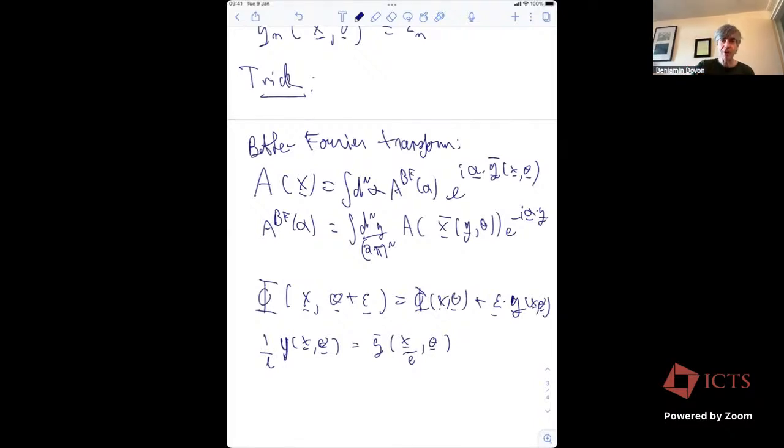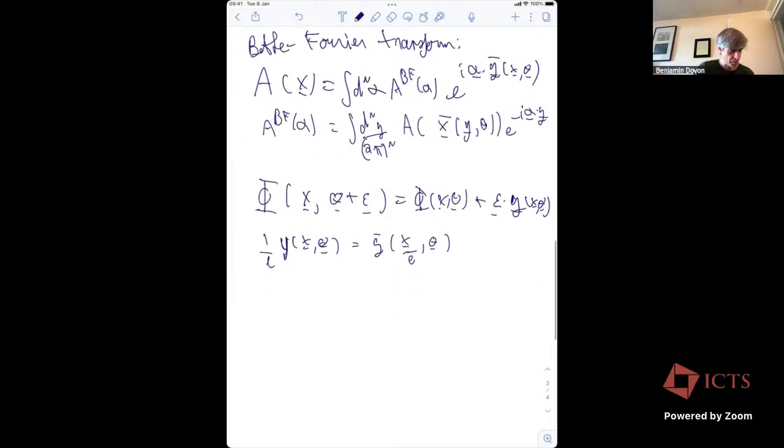And when we do a wave packet, which is supported on a large scale L, if you Fourier transform it, it's going to be supported in terms of the Bethe Fourier transform parameter, which is theta, on a small range of order 1 over L. So it's going to modify theta by a small range. And this is what's happening.